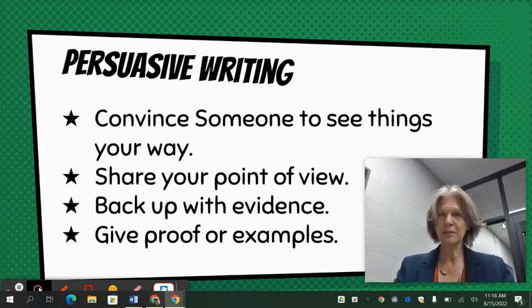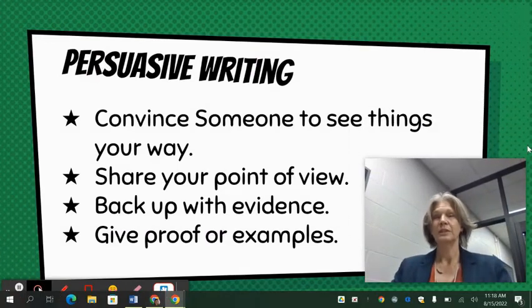Characteristics of persuasive writing include trying to convince someone to see something your way, sharing your point of view about a topic, backing up your point of view with evidence, and giving proof or examples about why your point of view is the best.